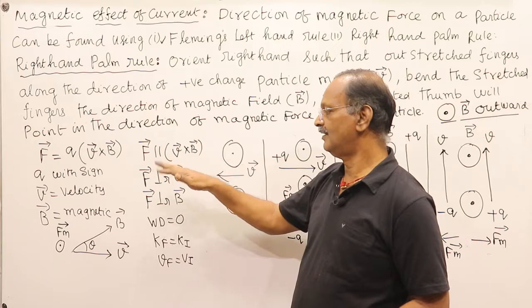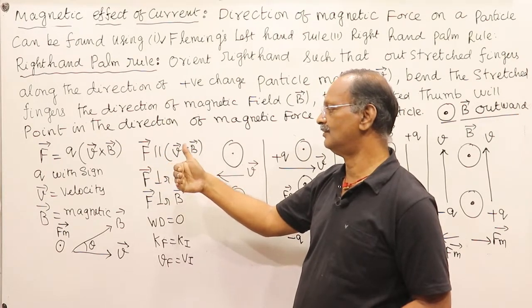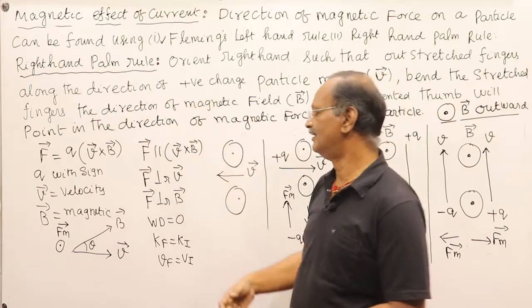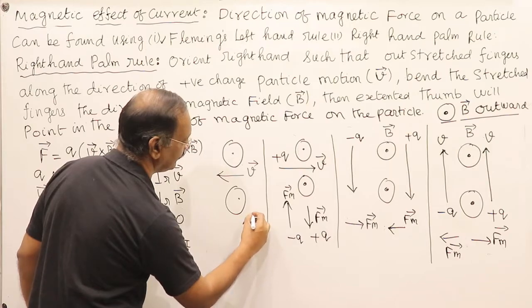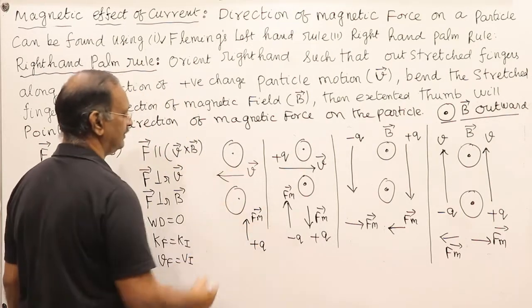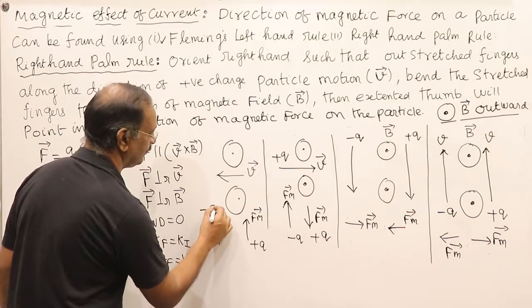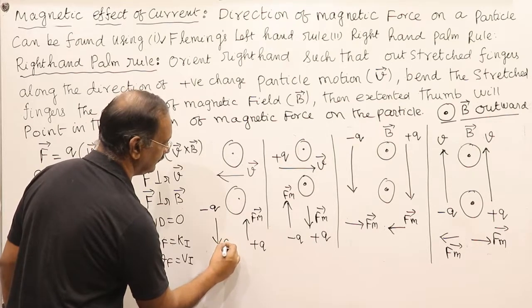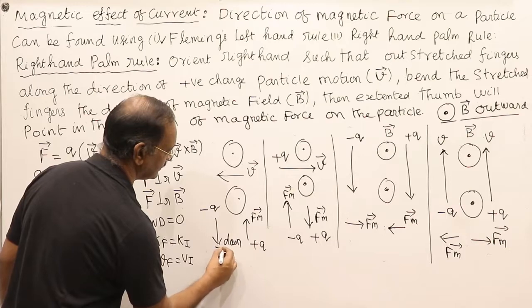It means we have to move this finger outward. It means this will tilt like this, and the thumb will indicate the upward direction. For positive charge, the magnetic force is in the upward direction, obviously. For negative charge, the direction of force is downward. That is, Fm is downwards.